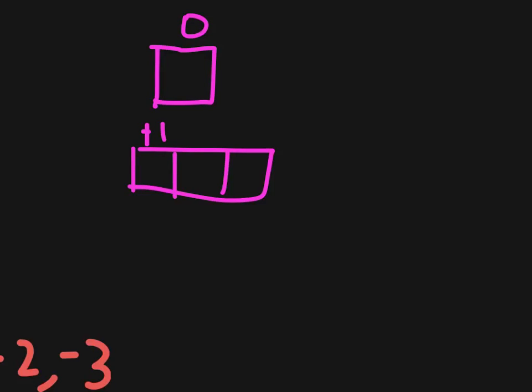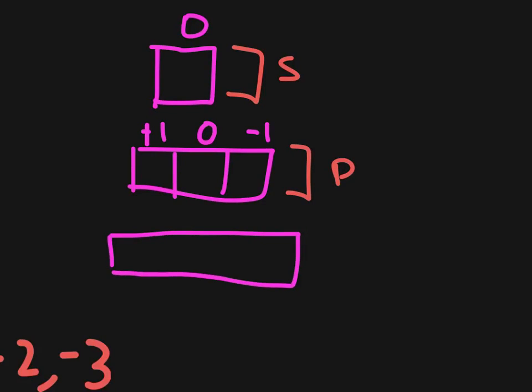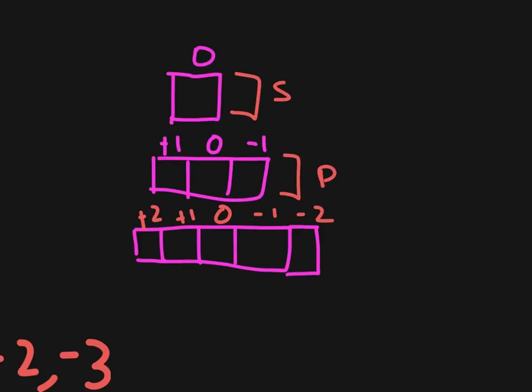I keep representing them as blocks. That's just how I understand it. This one's always going to be a 0, and this one's always going to be a -1, so I'm just going to represent that as S. This is a P. And then for our D, 1, 2, 3, 4, 5, it would start with +2, +1, 0, -1, -2. So just keep that in mind.